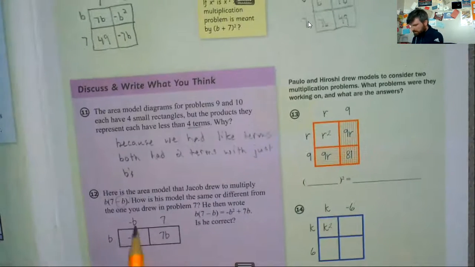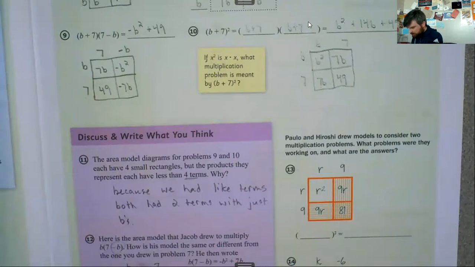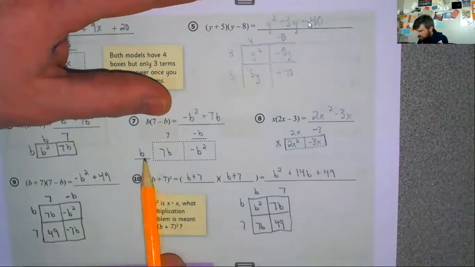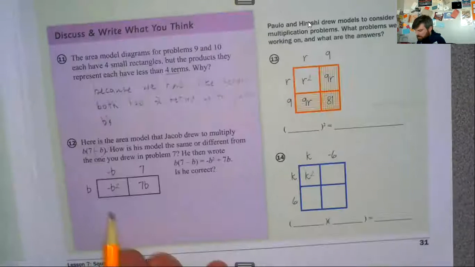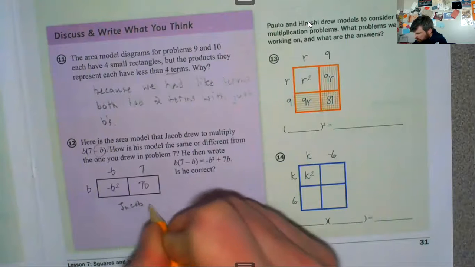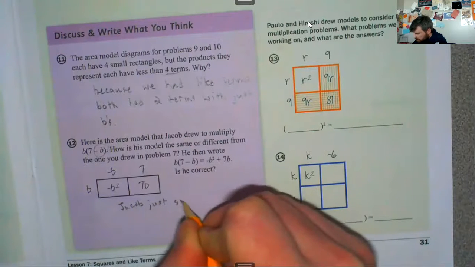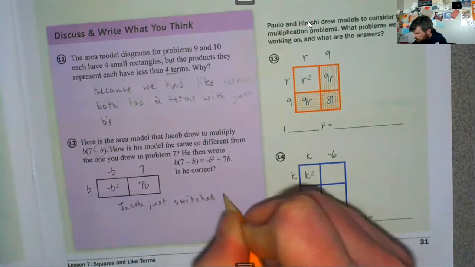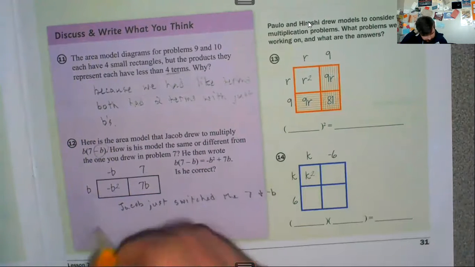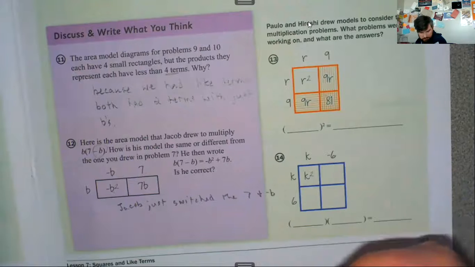He is correct. And if we look at problem 7 right here, we wrote it b, 7 times negative b, but he wrote negative b and then 7. So Jacob just switched the 7 and negative b. But he is right.